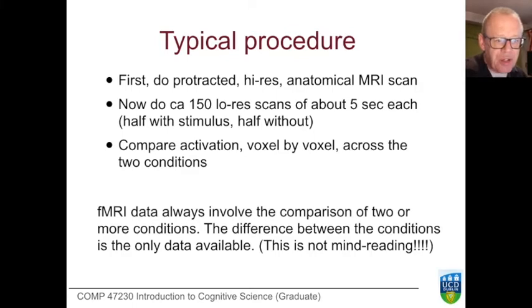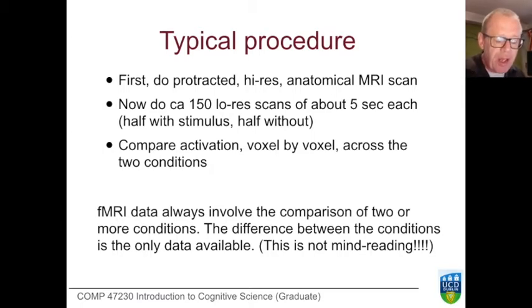It's then necessary to do a lot of low-resolution scans monitoring the regional blood flow. Each scan takes about 5 seconds. Half of these will be done in one experimental condition, so with the eyes closed, for example, half of them in the other condition, for example, looking at a picture of a kitten. And it takes that many repetitions in order to get a useful signal.